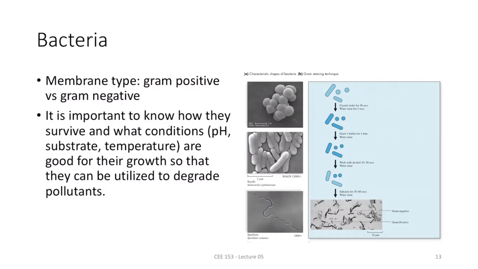Membrane type is also a defense mechanism for them. So you also have to understand whether the bacteria can survive in the engineering conditions you are designing for them to work for you. That's why membrane types, gram positive versus gram negative. The idea of gram positive and negative is a simple thing. It's named after a scientist named Gram.